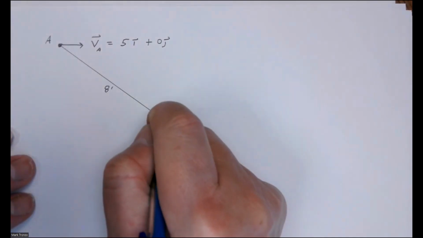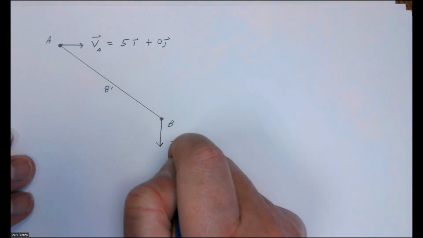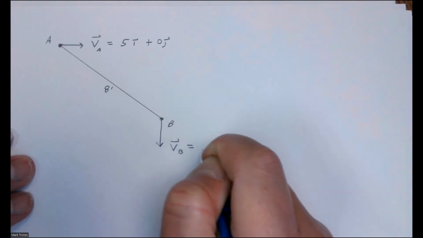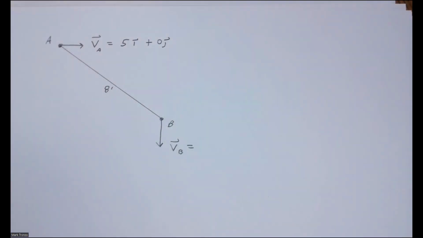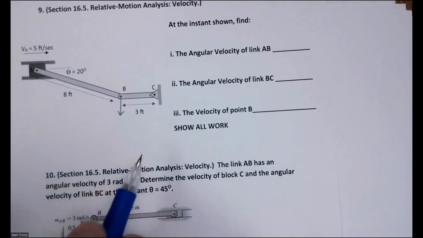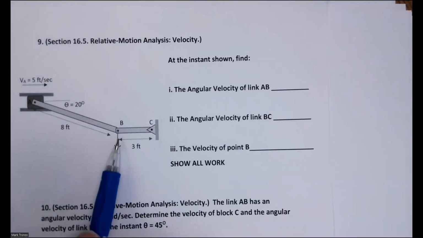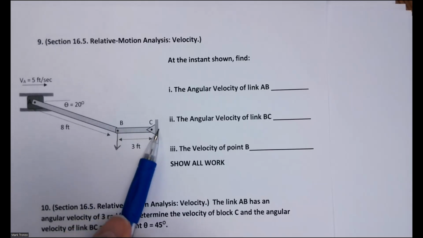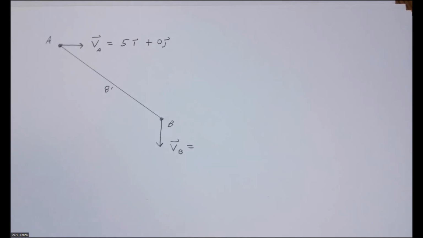So down here, this is going to be VB, strictly in the Y direction, because at the point we're considering this bar is just horizontal, so the velocity is perpendicular.